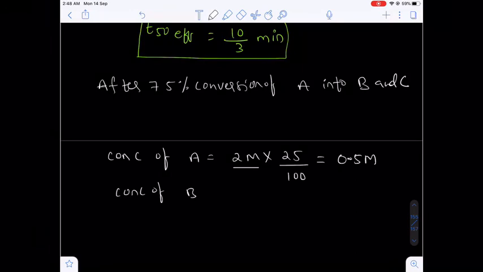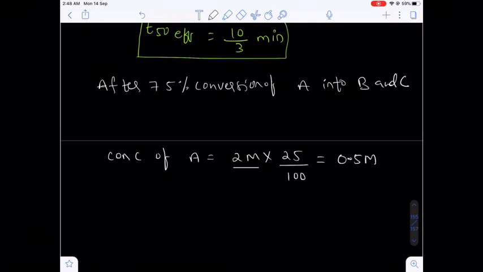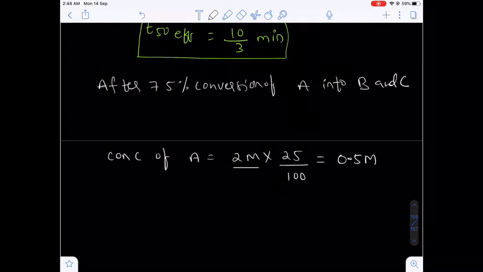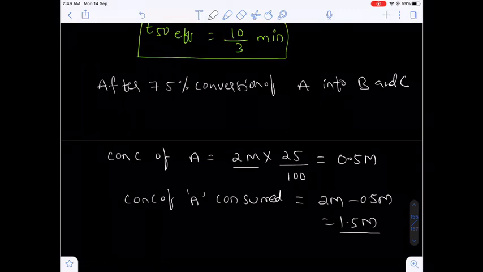Now what about the concentration of B? Before going to that, what is the total concentration? 2 molar. So how much A is consumed? 2 molar minus 0.5 molar, that means 1.5 molar of A consumed.